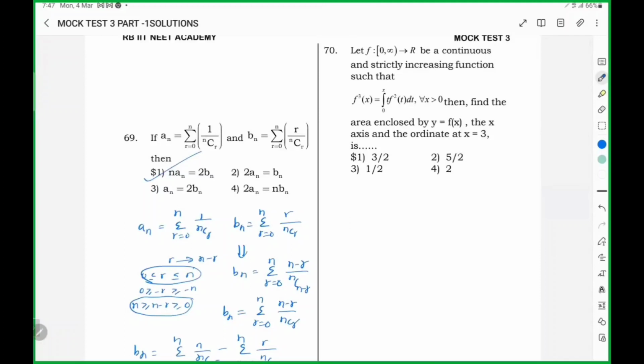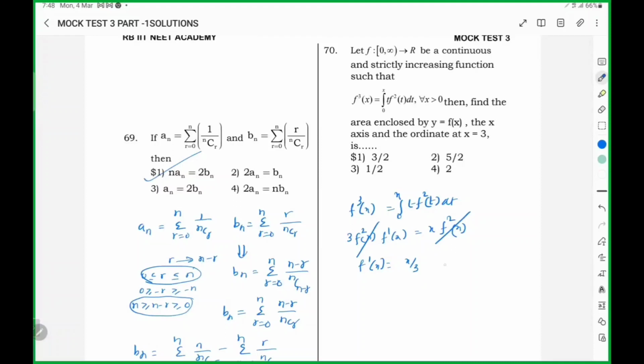It's a continuous and strictly increasing function. The cube of x is given as the integral of t times f square of t dt. Differentiating, we get 3x squared... the derivative is 1, so f square of x would cancel. f dash of x will be x by 3.